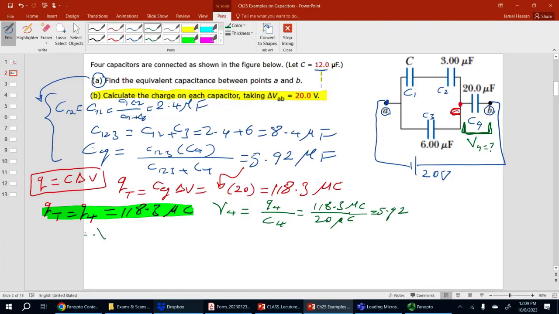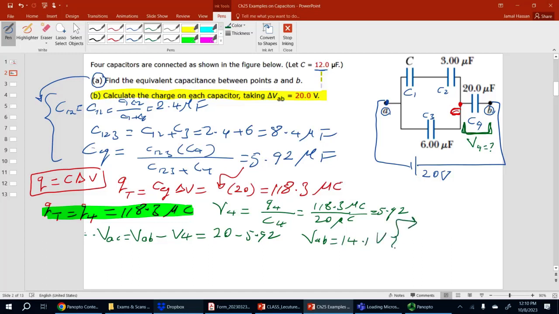That tells us that VAC is equal to VAB minus V4. So it's 20 minus 5.92, which is 14.08, let's say 14.1 volt.